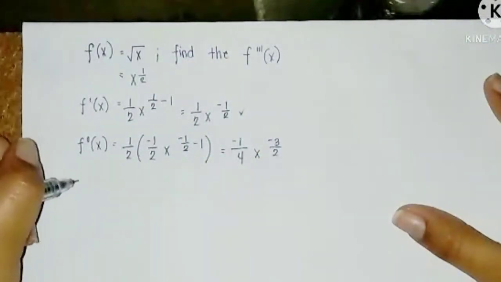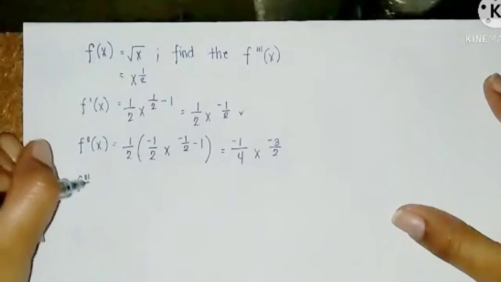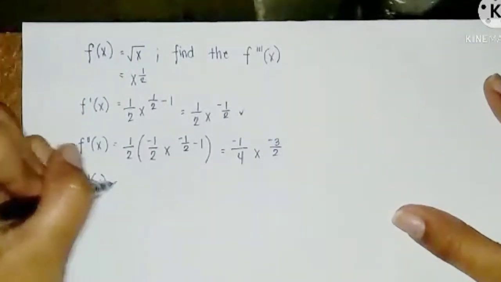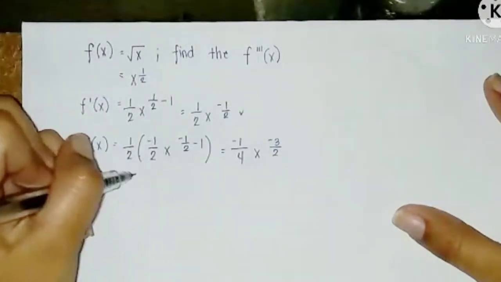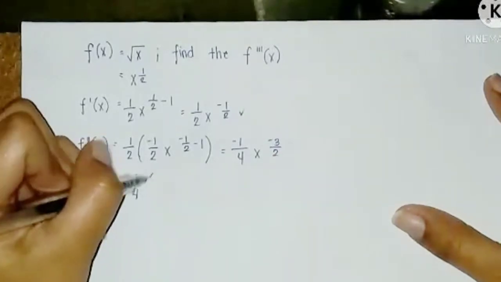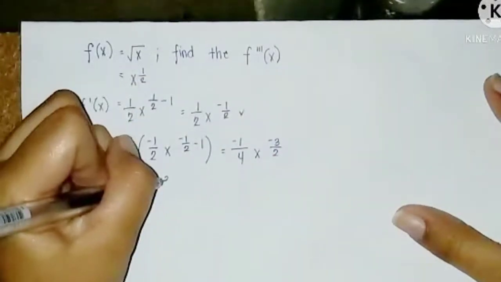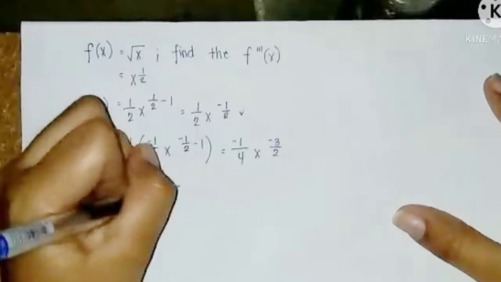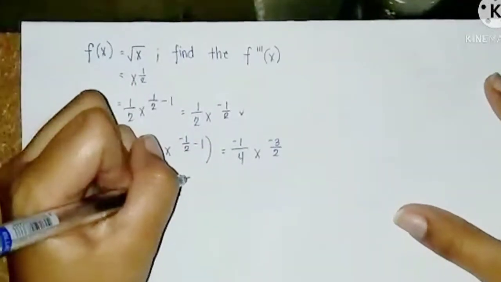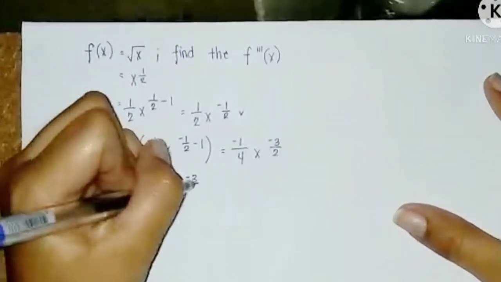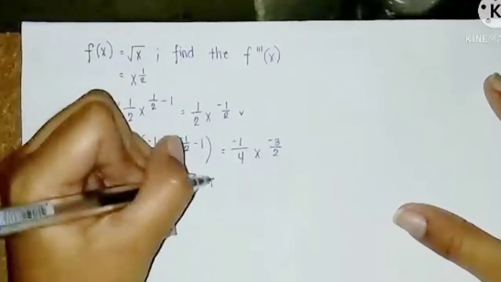So to find the third derivative, we'll have negative 1 over 4, bring down negative 3 over 2 x raised to negative 3 over 2 minus 1.